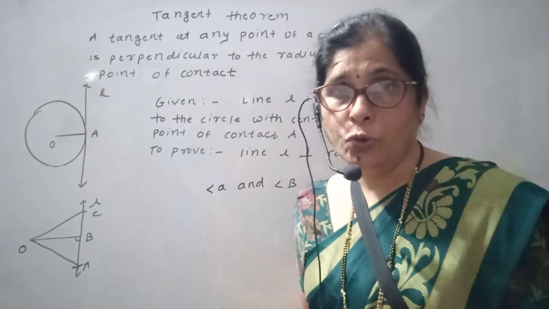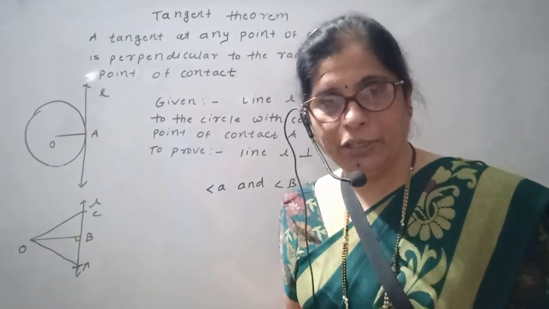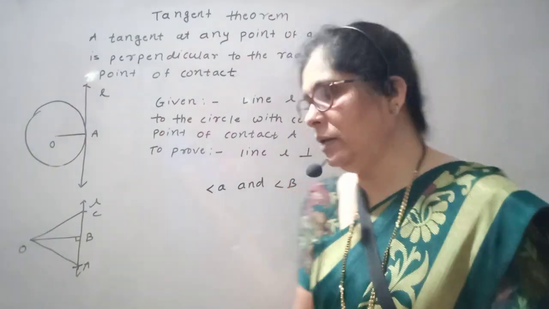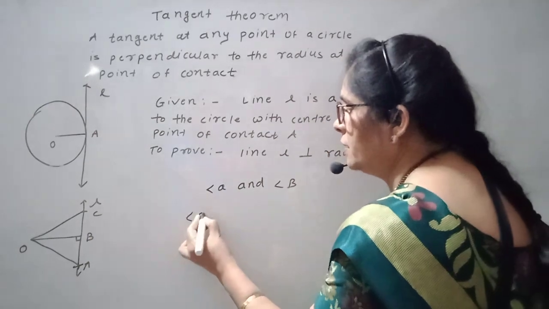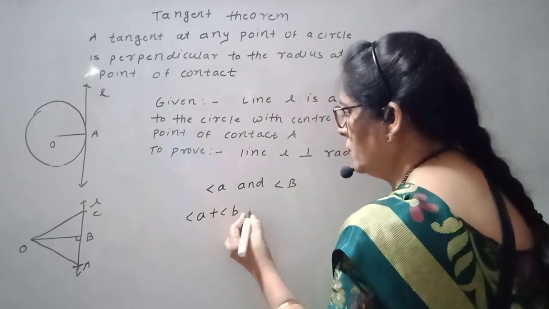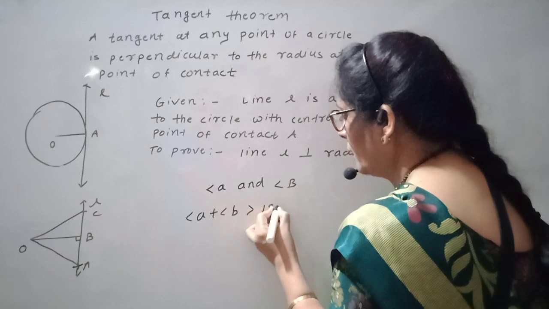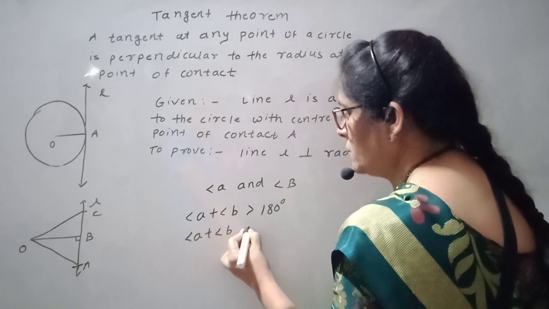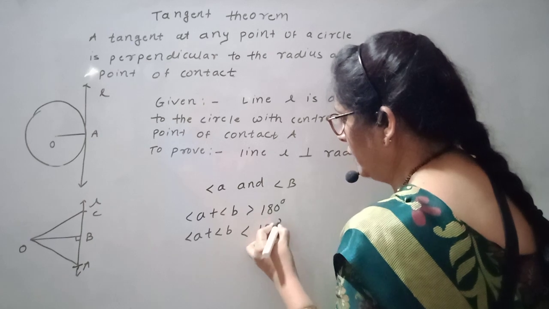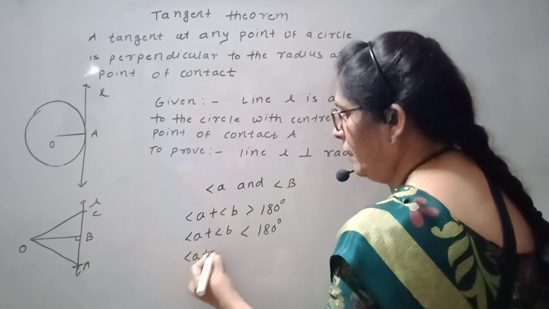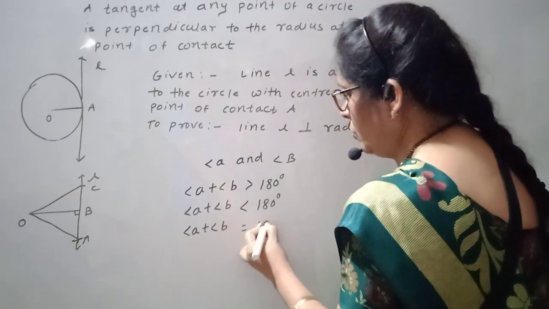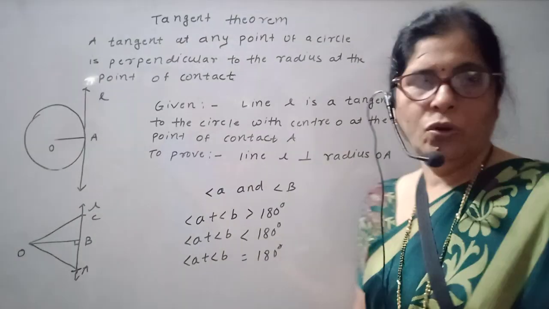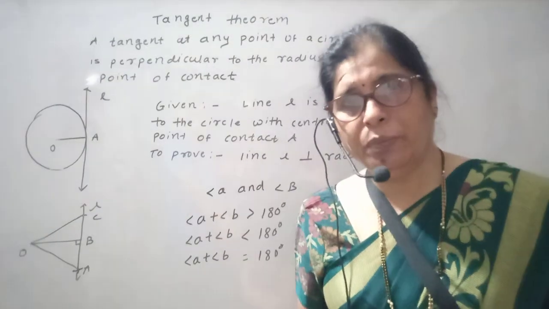If we have to prove this statement by indirect method, then first I will consider that A plus B is greater than 180 degrees, A plus B is less than 180 degrees, and A plus B is equal to 180 degrees. Now, what is meant by indirect method?